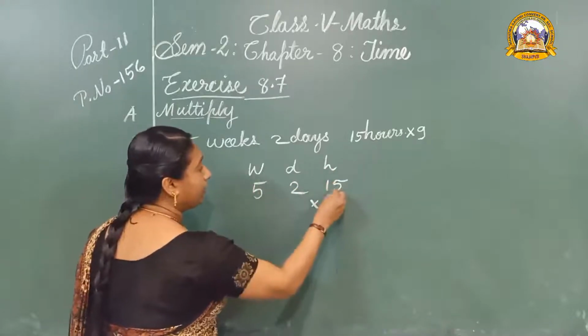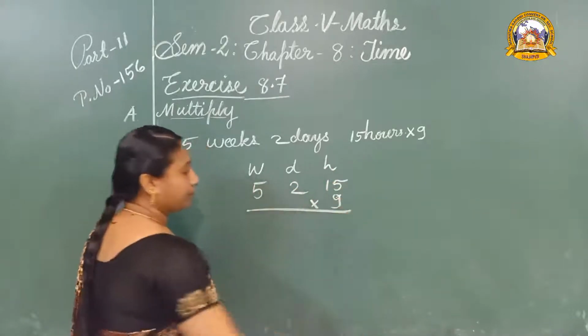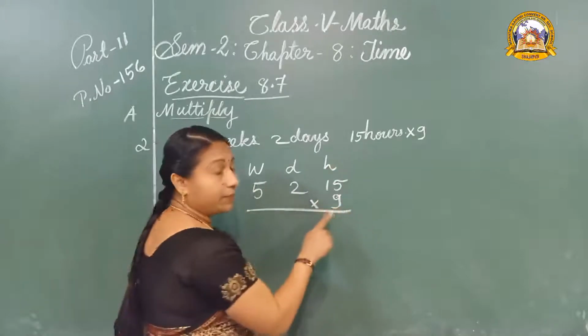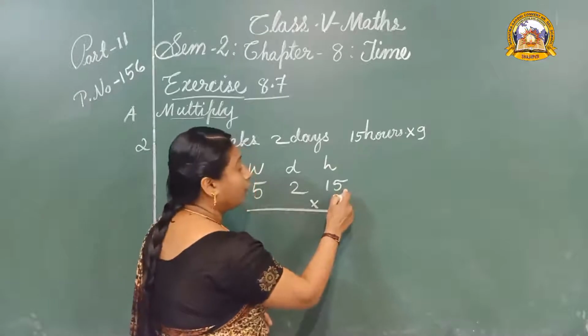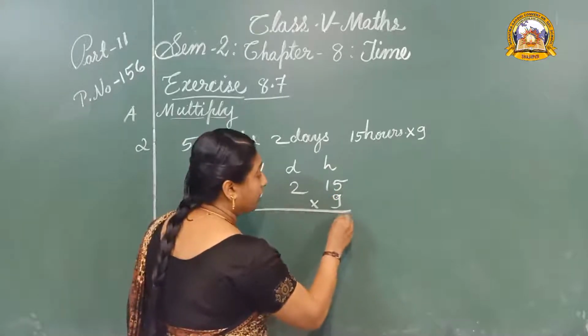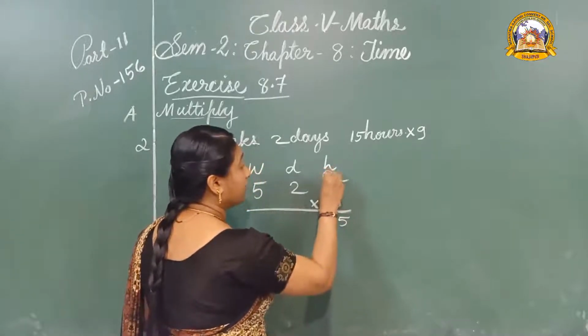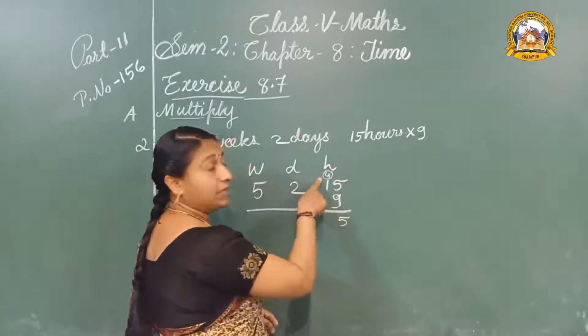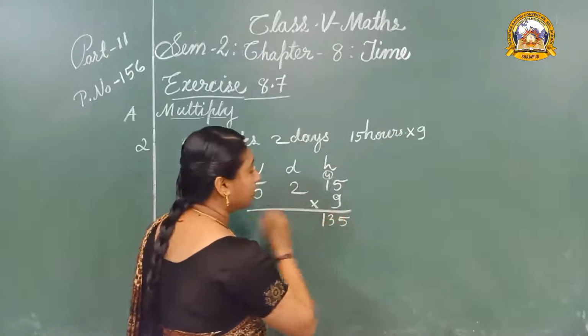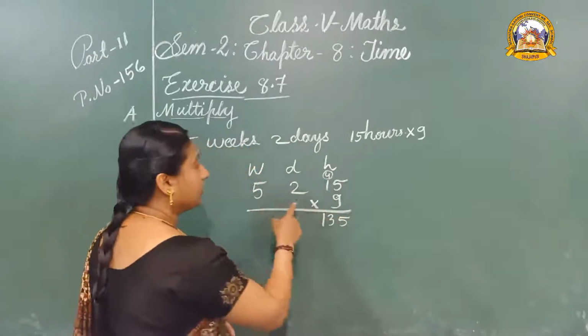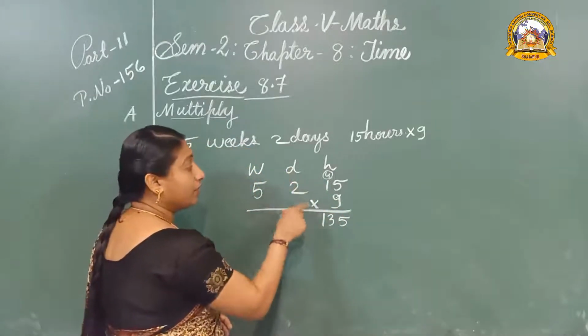Multiply by 9. First multiply by hours. 9 5s are 45. We write the 5 and carry the 4 to the next place. 9 1s are 9. 9 plus 4, 13. 135 hours.